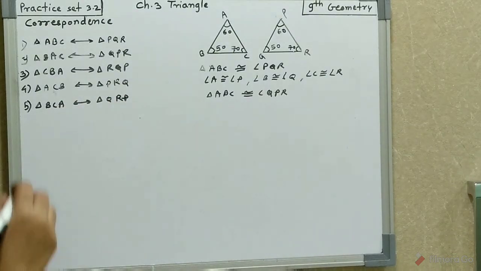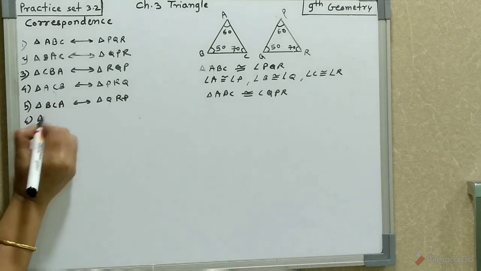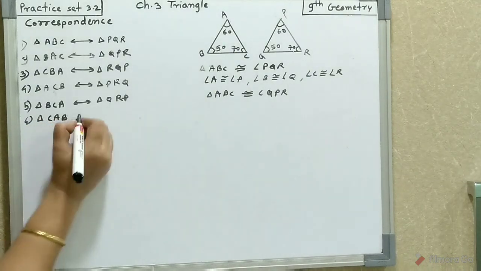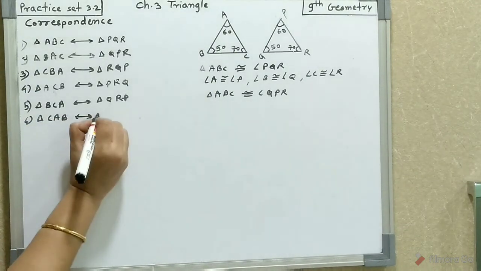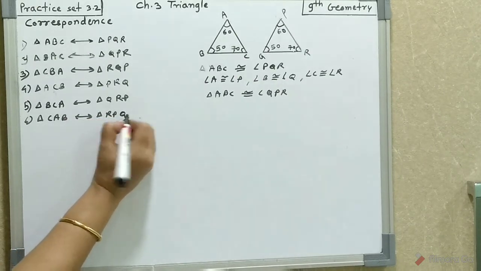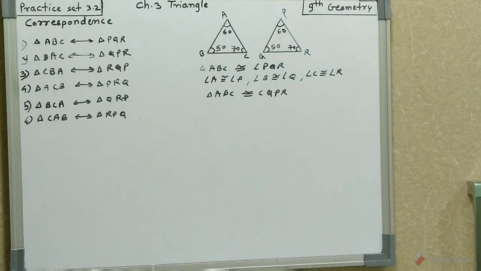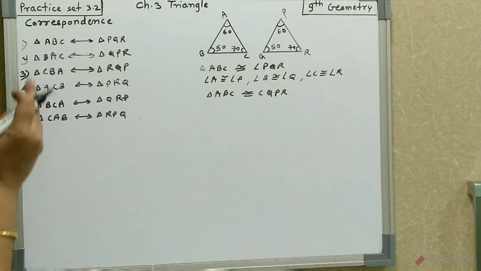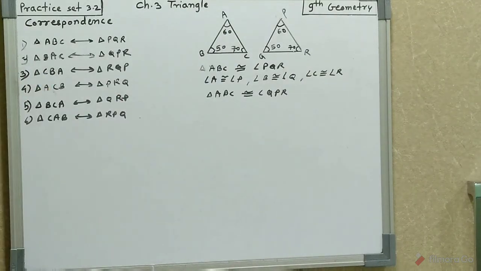Okay. Then the last one, that is triangle CAB. We take A in the middle, and here also the same, RPQ. These are the 6 types of correspondence. We write every time in 6 ways. But remember one thing, that when the LHS changes, the RHS also changes. So that is an important thing.